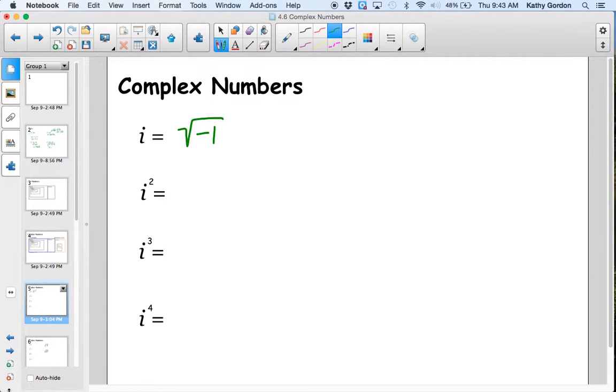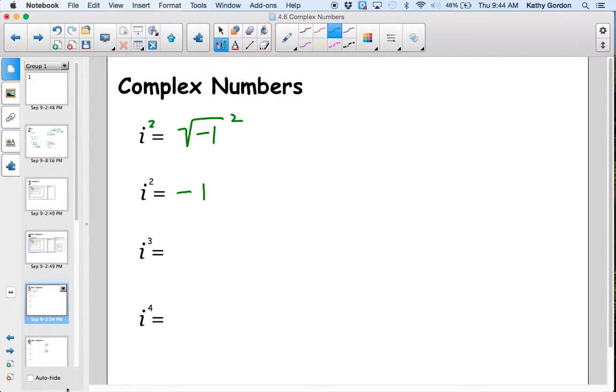Now, if I square i, then what's that going to have to be equal to? A negative 1. Because if I square this side, I would have to square this side. Well, squaring a square root cancels out. So i squared is going to have to be equal to a negative 1. What is i cubed going to have to be equal to?